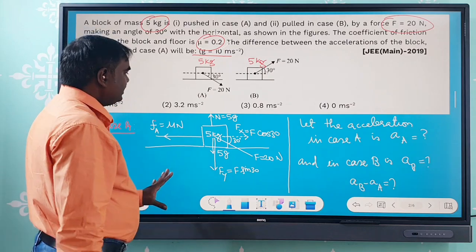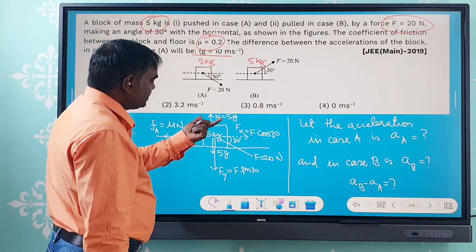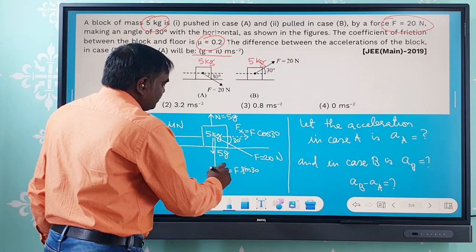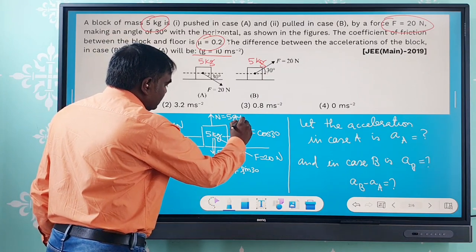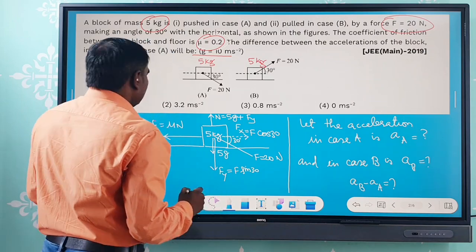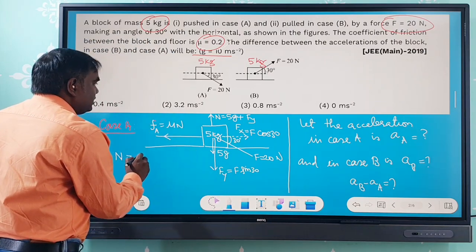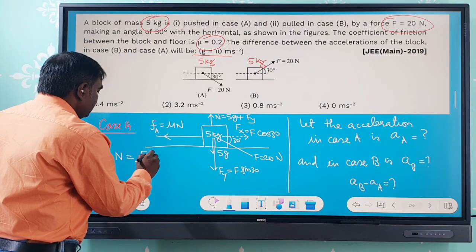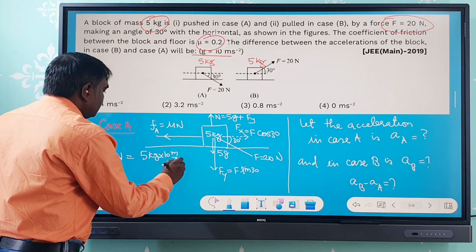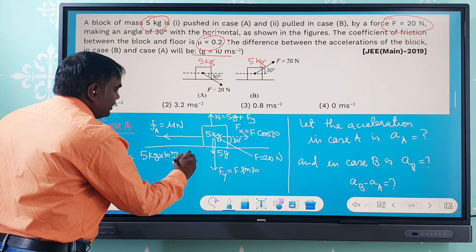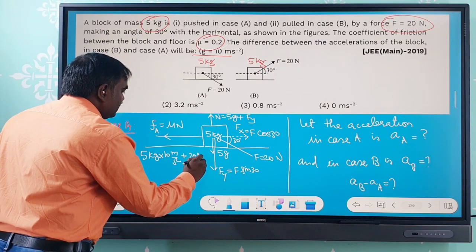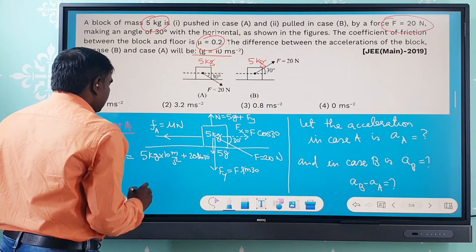So friends, here the normal reaction is equal to 5 kg into g plus this total Fy, right? So the normal reaction is equal to 5 kg into 10 meter per second square plus 20 sin 30, right?